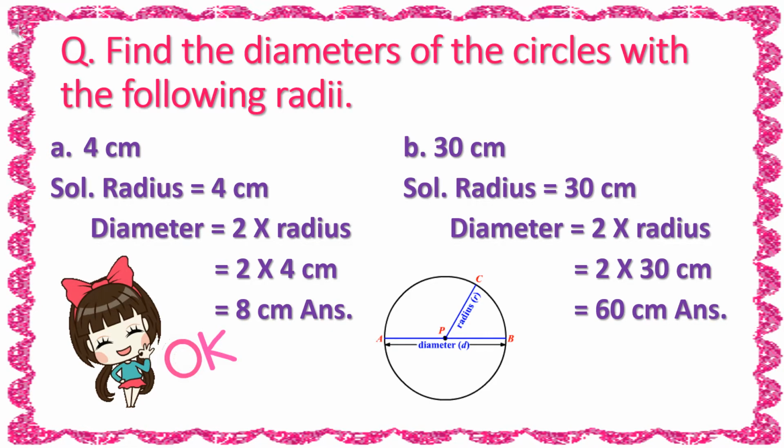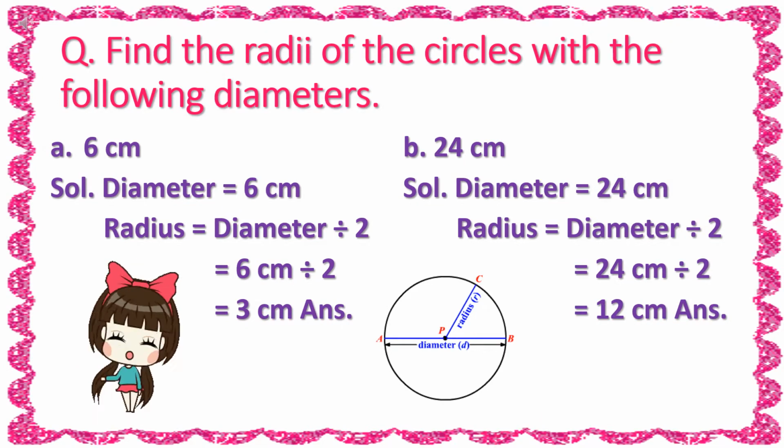And what is the value of radius here? 30 centimeter. So in next step, we will write 2 multiplied by 30 centimeter. And 2 3s are 6 and 2 30s are 60. So our answer is 60 centimeter. That means the circle which has the radius of 30 centimeter will have the diameter of 60 centimeters.